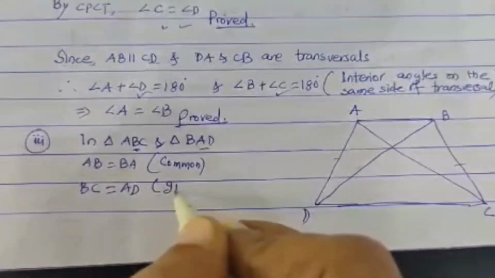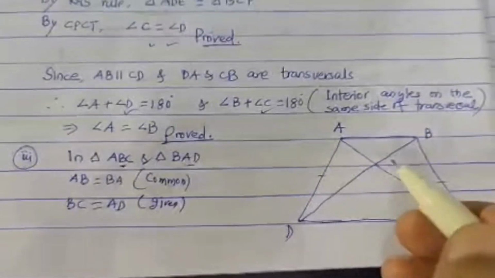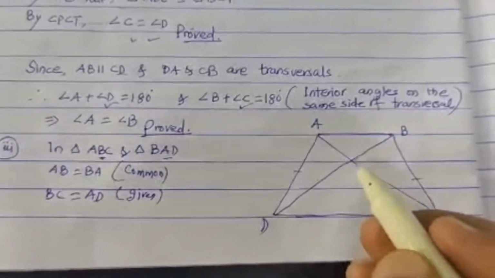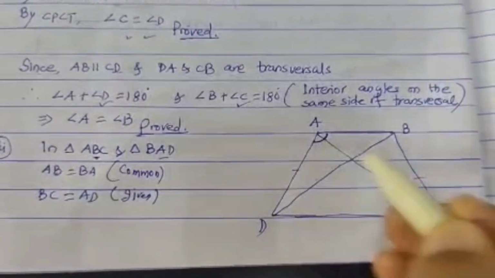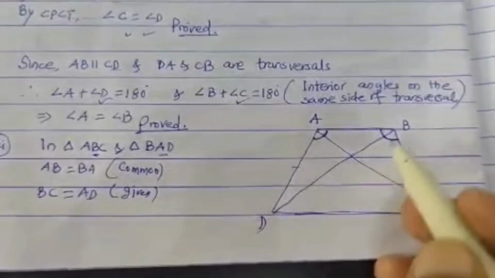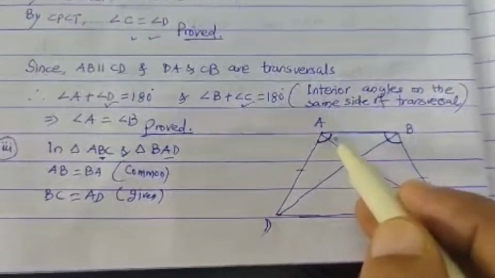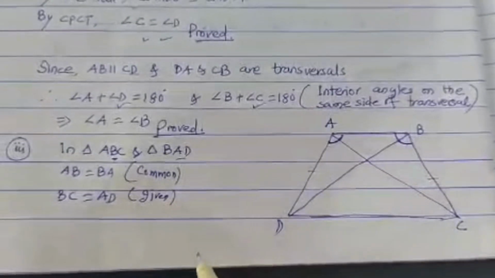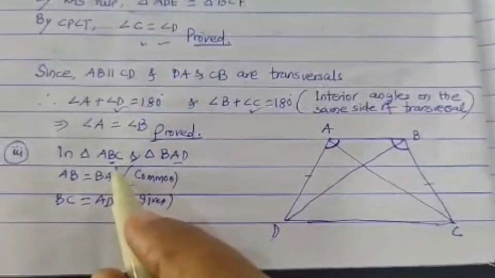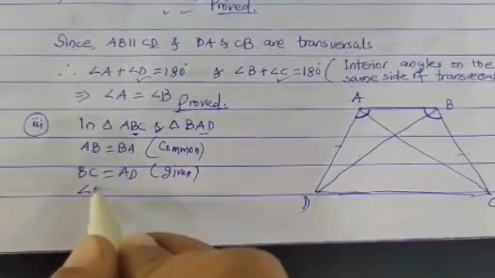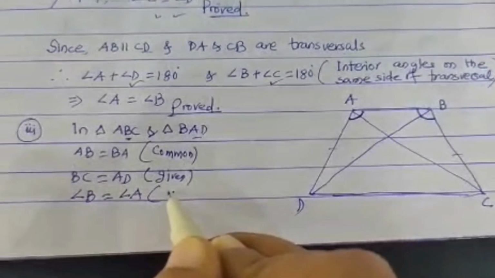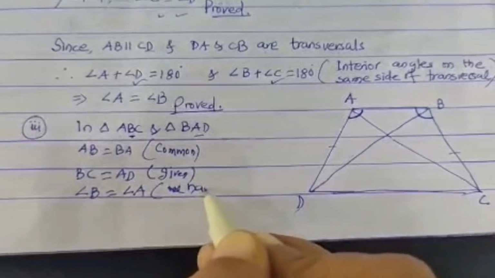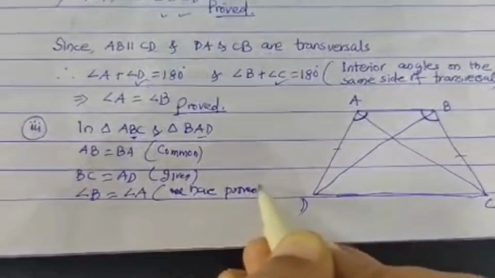Now one more thing, which we have proved, is that angle A equals angle B. From triangle ABC it is angle B, so you write angle B equals angle A. We have proved this.